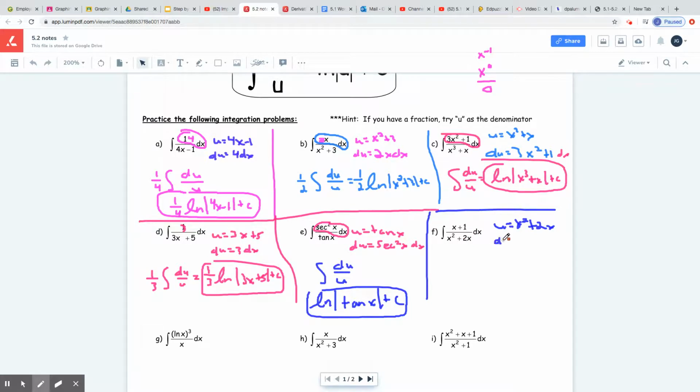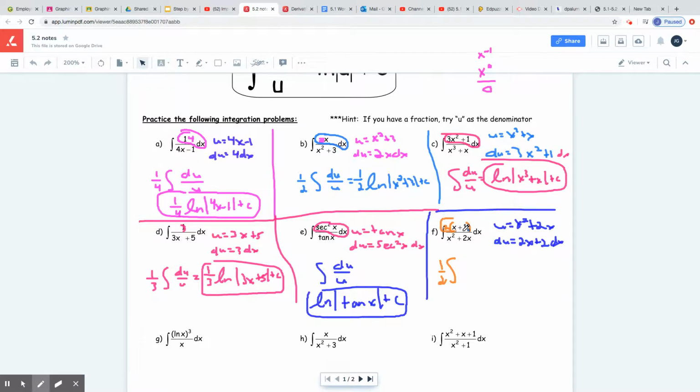So the derivative of x squared plus 2x is 2x plus 2. Now, we've got to be a little careful here. I want 2x plus 2 dx, and I have x plus 1. What can I do to x plus 1 to get 2x plus 2? Well, I can multiply it by 2. So I'm adding a 2 here, and I'm multiplying the whole top by 2, which means I'm going to put a 1/2 on the outside.